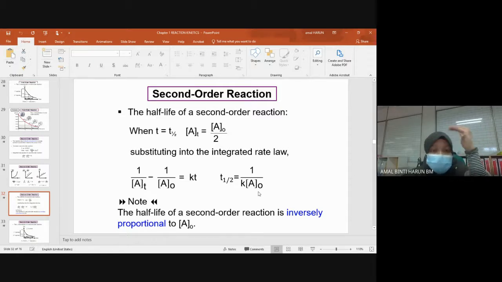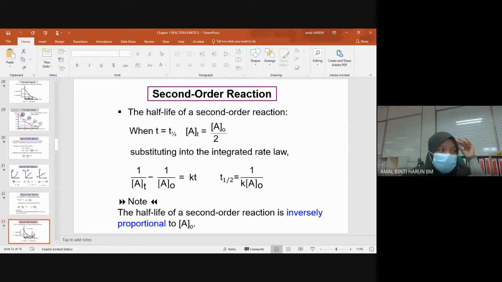Concentration semakin berkurang sebab dia menjadi setengah. So, 1 over concentration yang semakin berkurang, 1 over the small value. The concentration is getting decreased, maksudnya kita akan bahagikan satu bahagi nilai yang semakin kecil. So, kita akan dapat the whole value ni besar. So, the half-life dia semakin besar.